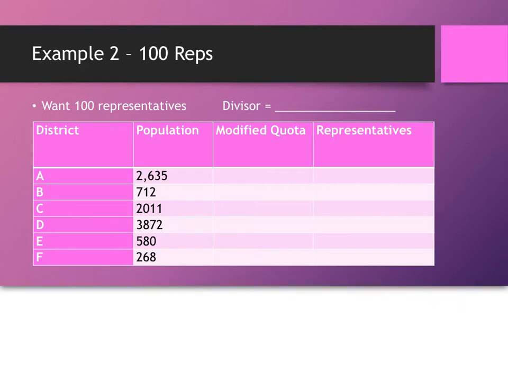There's a total population of 10,078, and we want 100 representatives. So my standard divisor, 10,078 divided by 100, is going to be 100.78. So the divisor I'm going to want has to be less than 100.78.